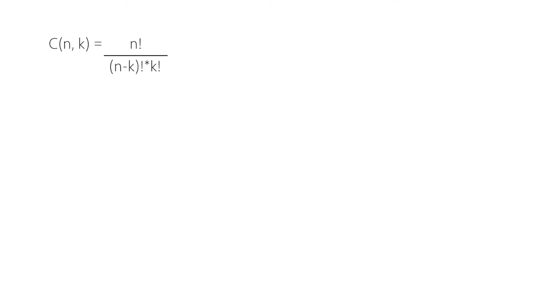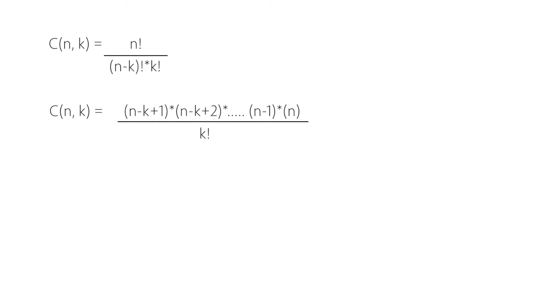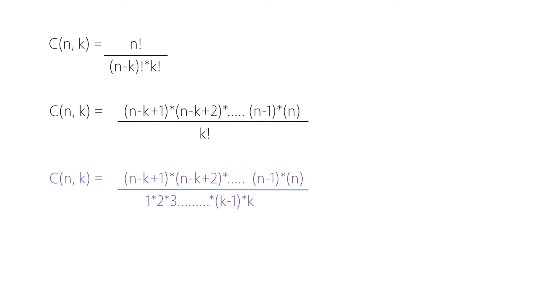So what we will be left with is (n minus k plus 1) into (n minus k plus 2) and so on till n in the numerator, and in the denominator we will only be left with k factorial. We can expand k factorial as 1 into 2 into 3 up to k, and here we have optimized our formula by cancelling out the common terms in the numerator and the denominator.